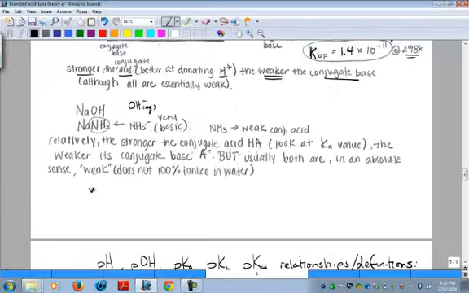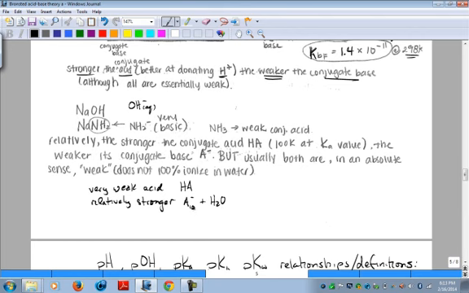So if you had a very weak acid, HA, then we would have a relatively stronger weak base, which would be A minus, and A minus would react more appreciably with water to form its conjugate acid HA and generate hydroxide.